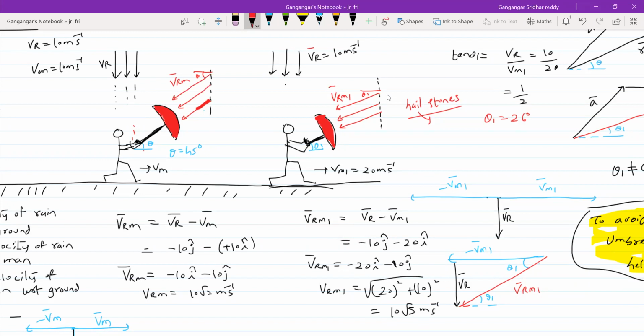Instead of rain, you'll get these ice blocks. When they strike the windshield, how do you protect yourself? If the windshield is directed against the velocity of the hailstones with respect to the car, then you'll protect yourself. So this necessity was there. That's when they brought this particular thing. Now we have cars and aeroplanes totally covered, so in very few applications will this be used now.